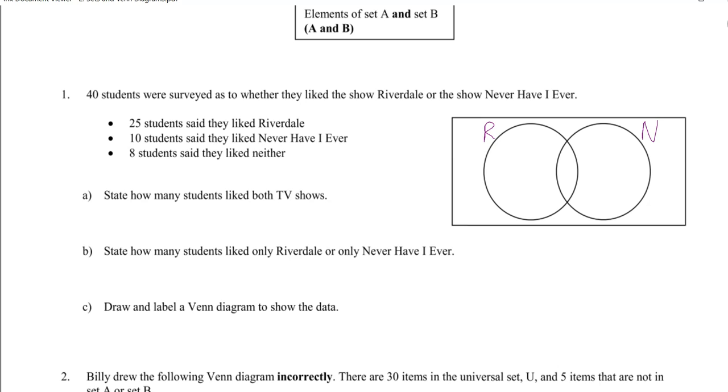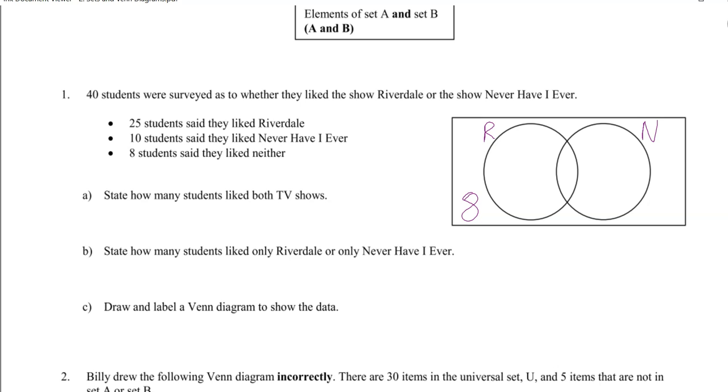We know that inside R there are a total of 25, but we don't know how to split it. What about the 10? Well, we know inside the N circle there are 10, but we don't know how to split it. What about the 8? Can we put the 8 somewhere? Where does the 8 go? Outside of the circles.